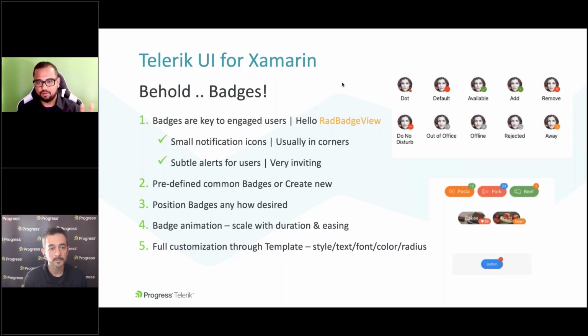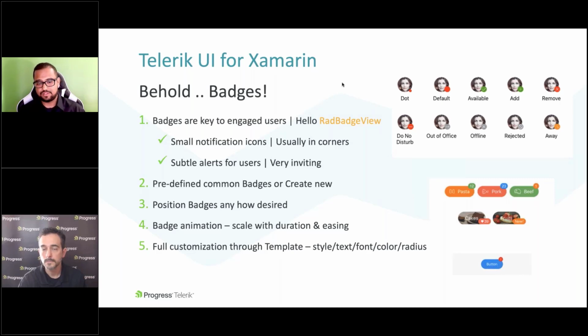It's subtle, but it's very inviting if you use it right. So we give you probably about 10 to 12 predefined badges that you can just throw in, or you can customize and do whatever you want with your badges, and you can position them however you want. They have little animations. You can see the button here on the bottom animating in and out a little bit, and you can control the scaling and the easing.